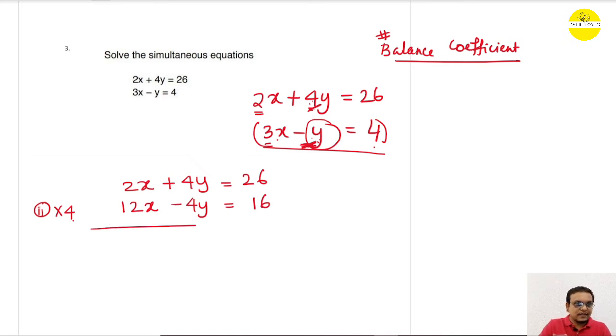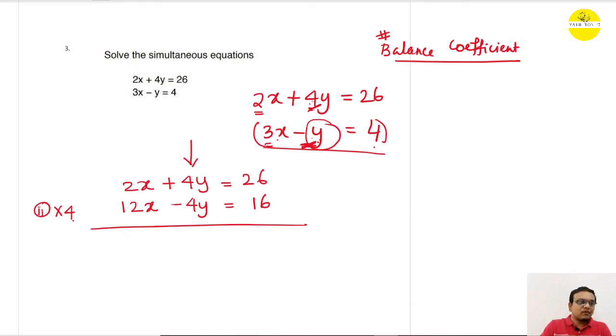Now, see, if I check these two equations again, definitely we have the same coefficient of y. That means I understood I have to eliminate y. And yes, we have a different sign. Already I told you that if you have different signs and the same coefficient, then no need to subtract. We simply add to eliminate that particular variable.